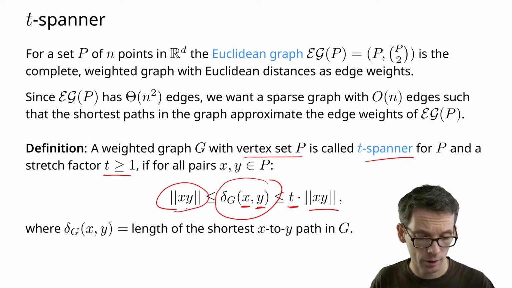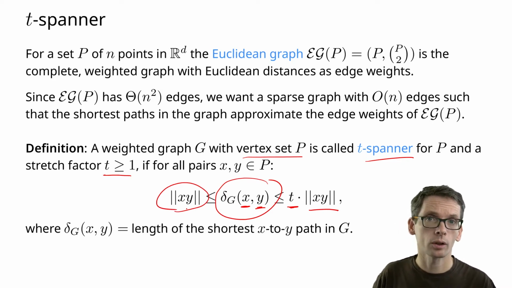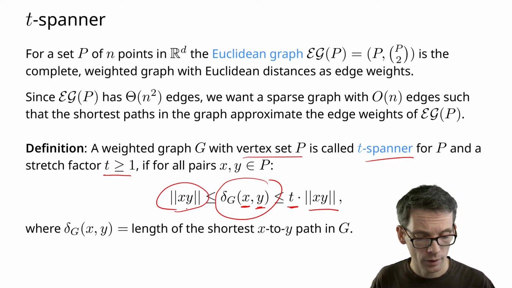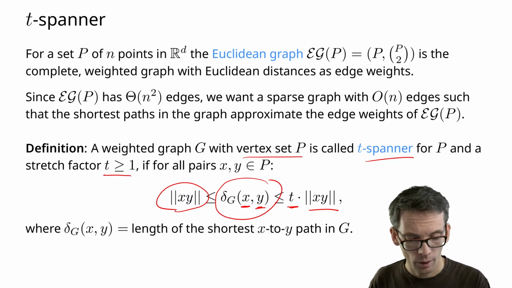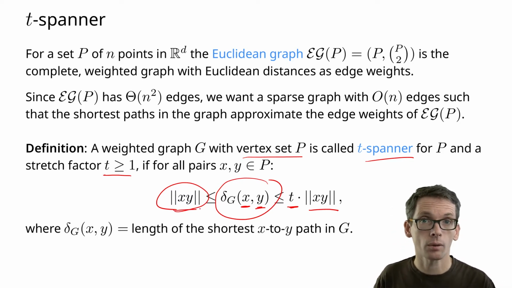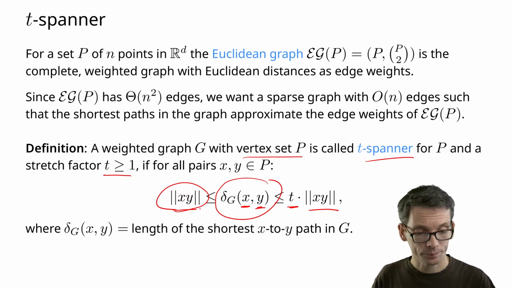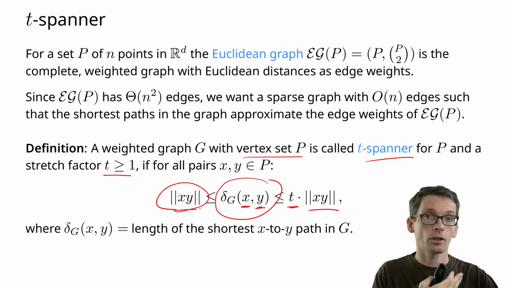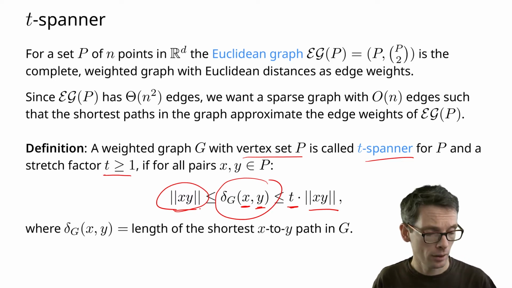And the graph distance should approximate the distances also in the way that the Euclidean distance is smaller or equal to the graph distance, which you automatically get if, as edge weights, you take the distances between the points.